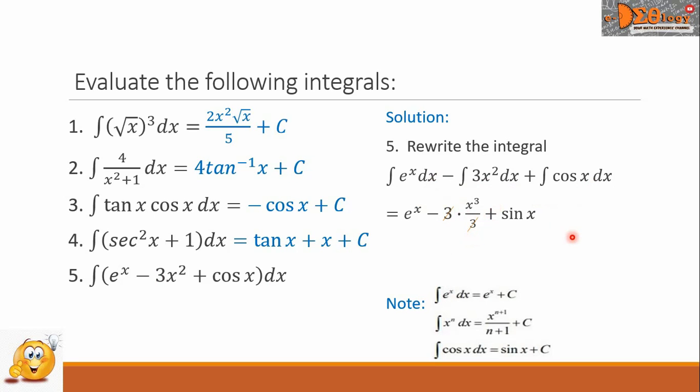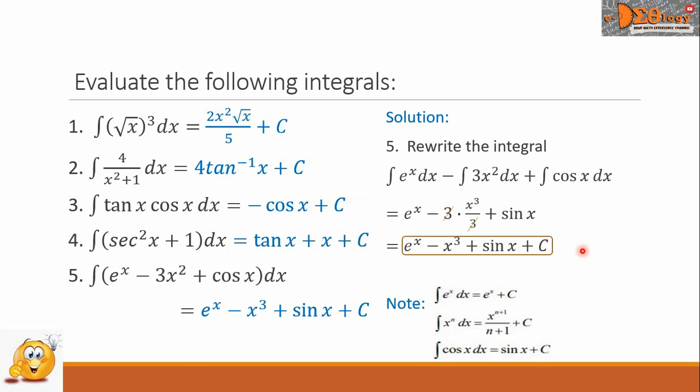Rewriting again the answer, we have now e raised to x minus x cubed plus sin x. Then we will write the plus c. This is now the final answer for problem number 5. Let us copy this under problem number 5.